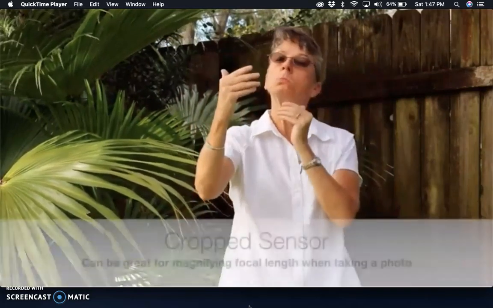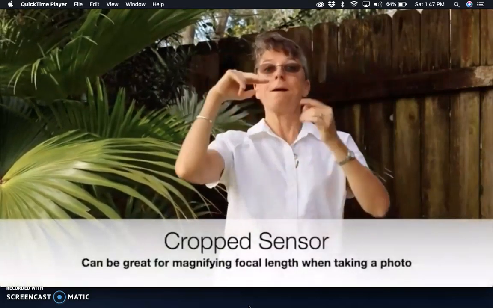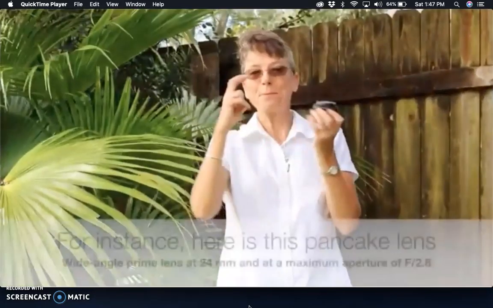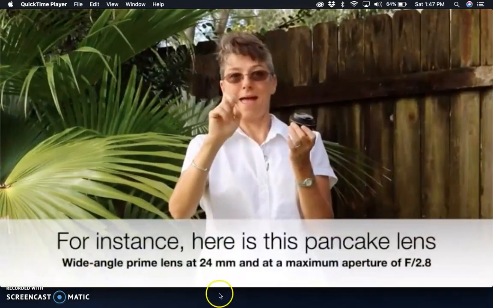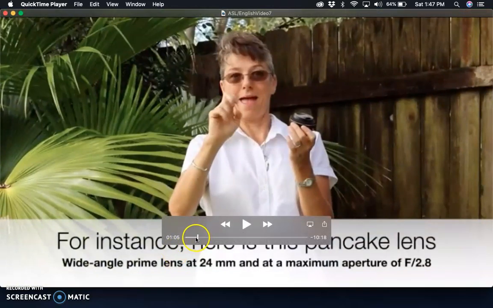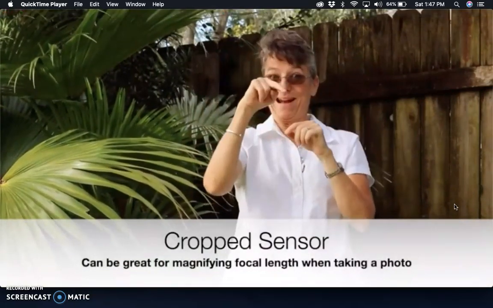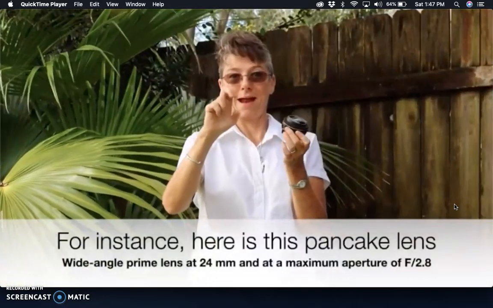I like this type of camera because it's great for traveling too. It also means you can use different types of lenses.